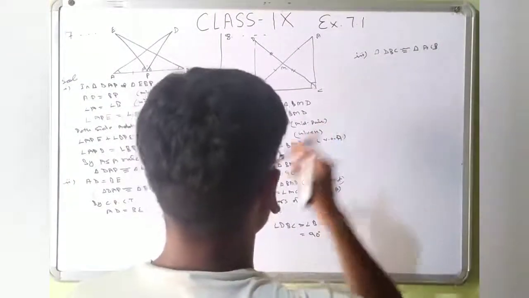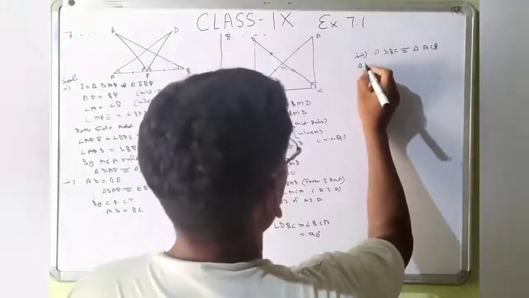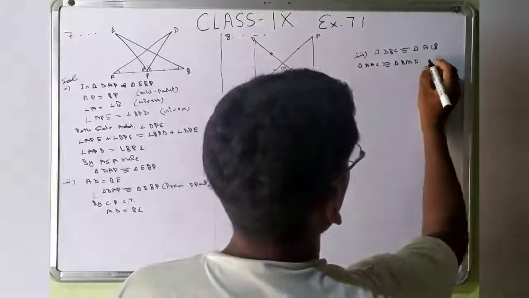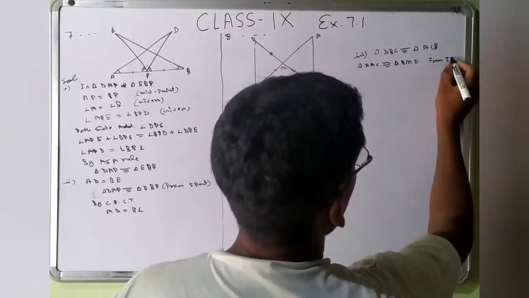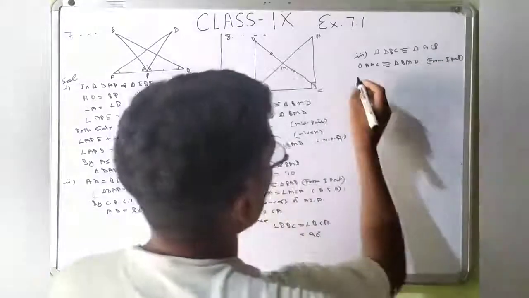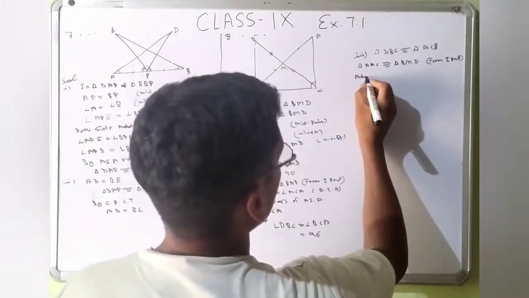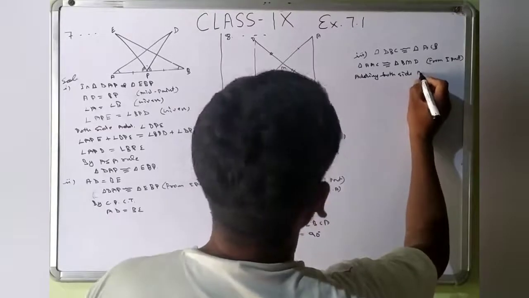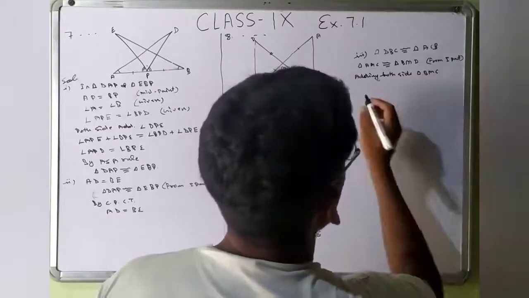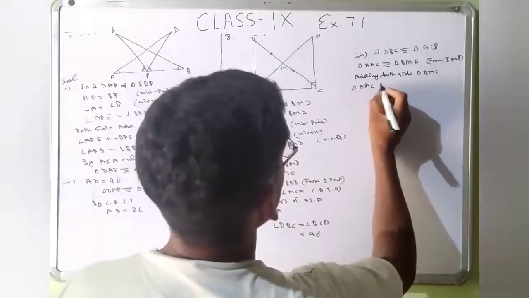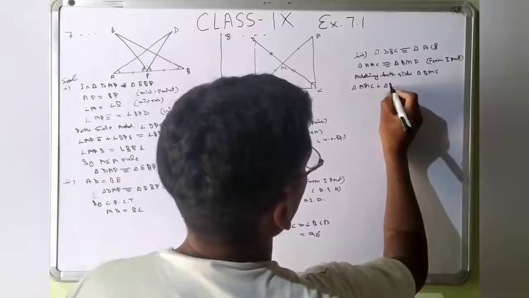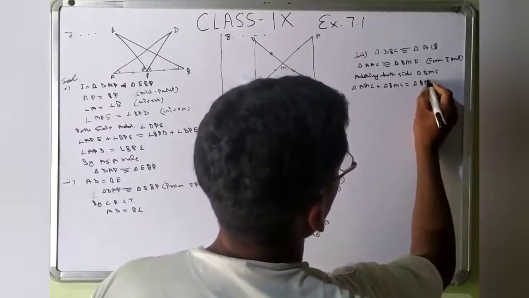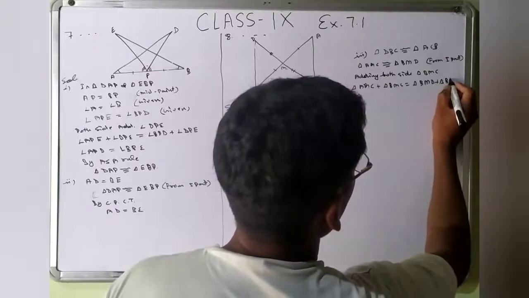So first of all, triangle AMC congruent triangle BMD from first part, adding both side triangle BMC, triangle AMC plus triangle BMC is equal to triangle BMD plus triangle BMC.